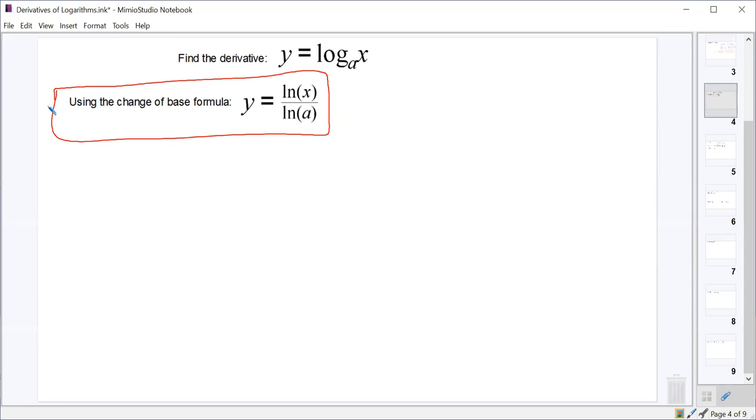All right, cool. So there's this thing called the change of base formula. It lets you take a logarithm of any base. You can start with any base you want, and you can turn it into any other base that you want. So suppose I have log base 7 of 3. And you want that to be a logarithm in, anybody got a particular base they want that to be?